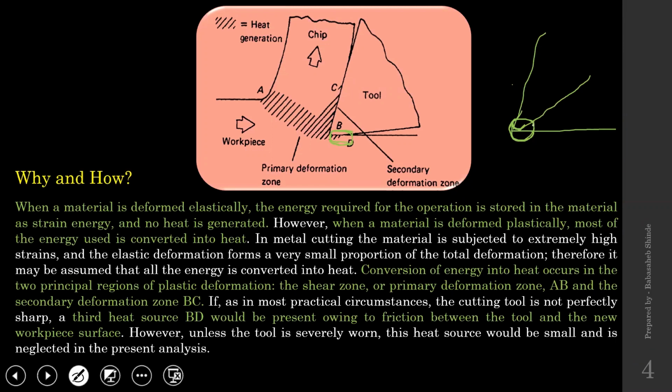So certain rubbing will be there between the cutting tool and the finished workpiece surface, and because of that rubbing, this third zone comes into picture. So heat generation will be there in this primary zone, then this secondary zone, and in some cases in this third zone. Okay.